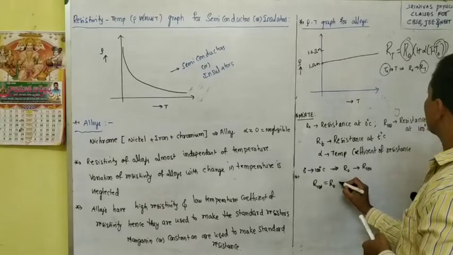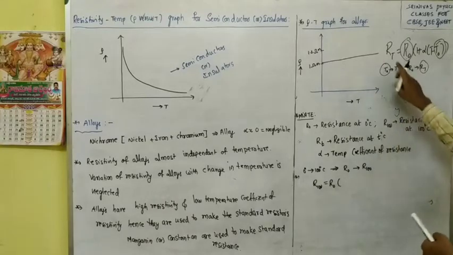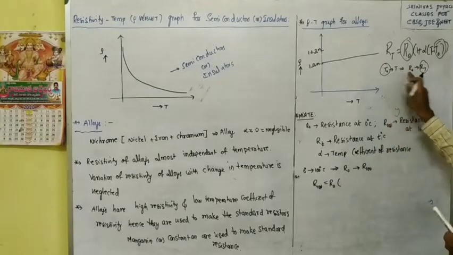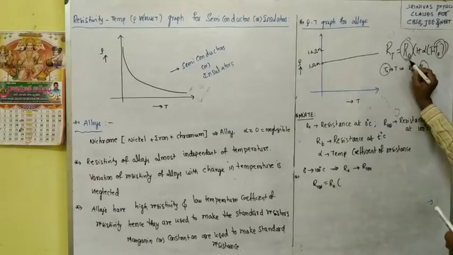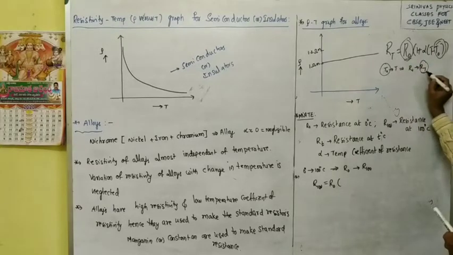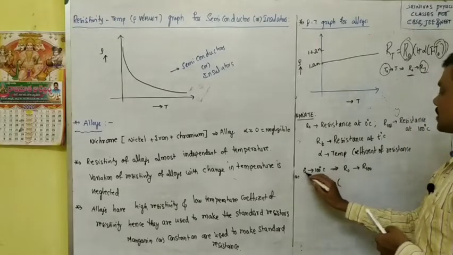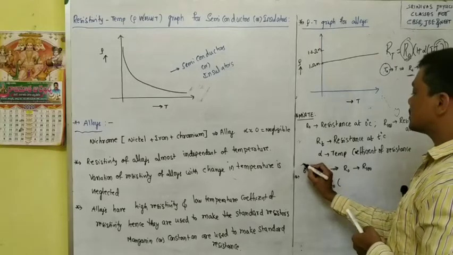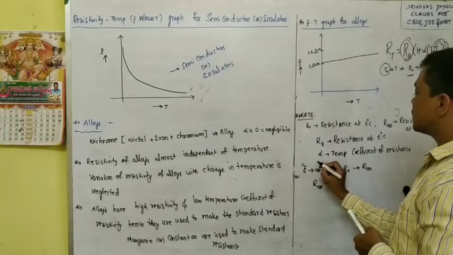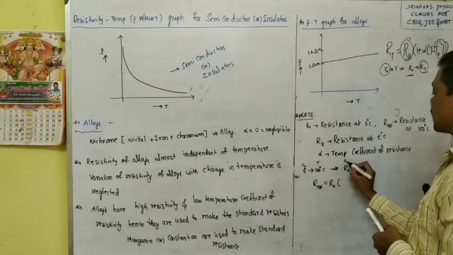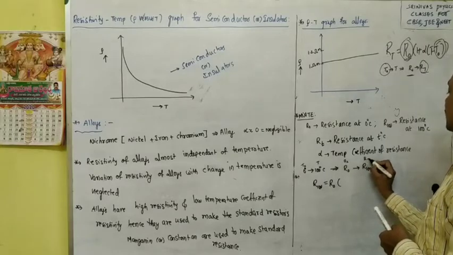Initial resistance is R0, final resistance is RT, initial temperature T0, final temperature is T, and here initial temperature is 0, final temperature is 100.